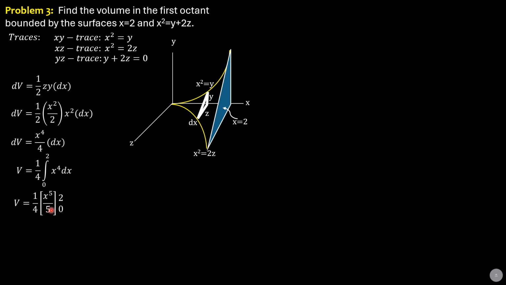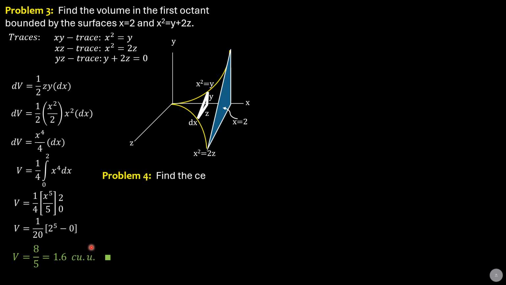The volume is 8 over 5 because the lower limit is 0. So the volume is 1 over 20 of quantity 2 to the 5th, or 8 over 5, or 1.6 cubic units.